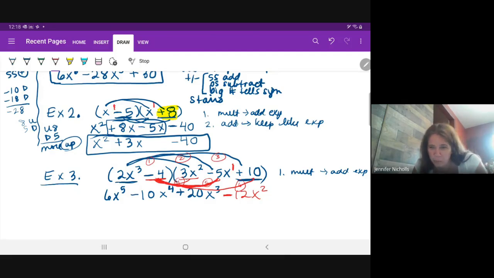Brandon, what's my fifth loop there? Negative 5 times negative 4 times negative 5x. What would that one be? So Brandon, everyone can answer in their brain. Okay, I agree. So he said 20x to the 1.